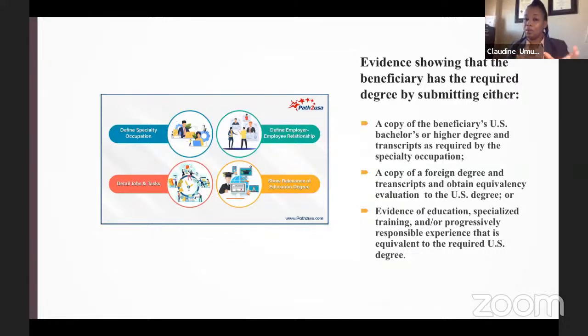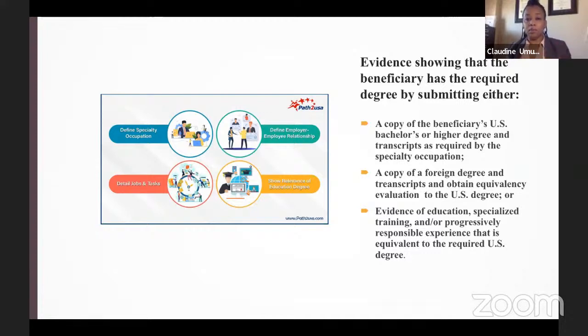There are exceptions in some countries where they have done 3 years, and that has also been a subject of contention, but there are ways to go around it. You can have 1 year more of a master's, and then you can fulfill the specialty occupation requirement.